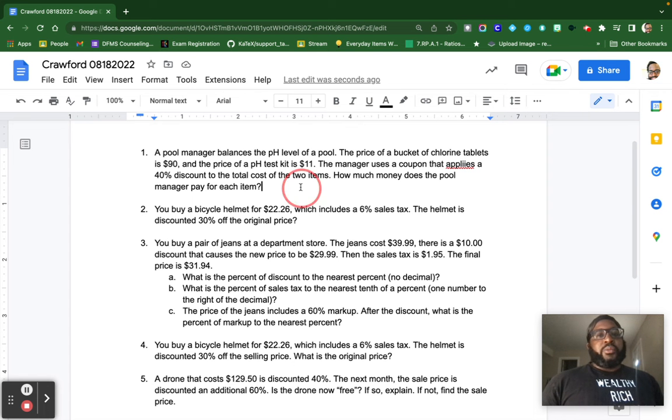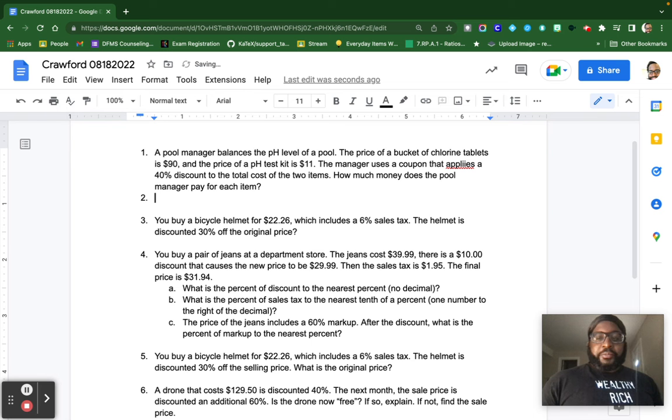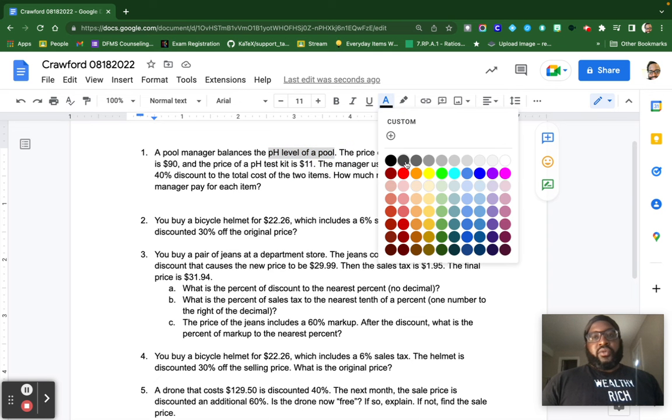First of all, with this problem, we have levels of confusion. I can see anybody doing this problem and thinking, oh my God, too much is going on. So let's talk about it. pH level. When you see this, this will throw you off. And that's what it's meant to do.